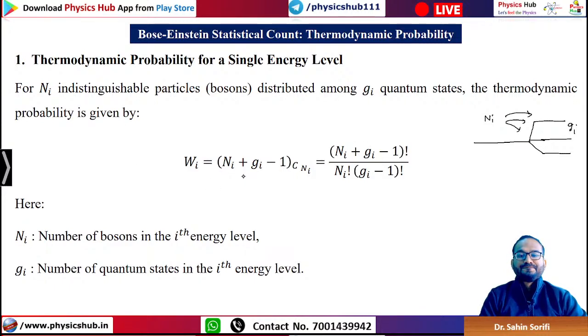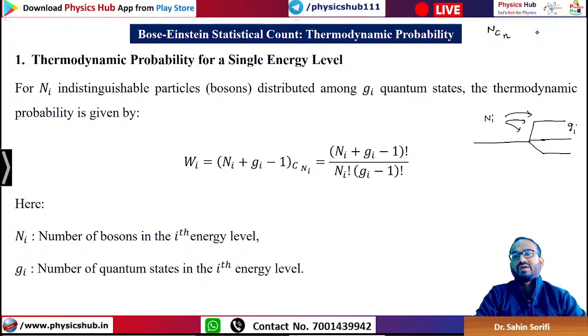That is given by (Ni plus Gi minus 1) C Ni. You know the formula of combination, right? (Ni plus Gi minus 1) factorial divided by Ni factorial times (Ni plus Gi minus 1 minus Ni) factorial, so that is (Gi minus 1) factorial. You know the formula, right?